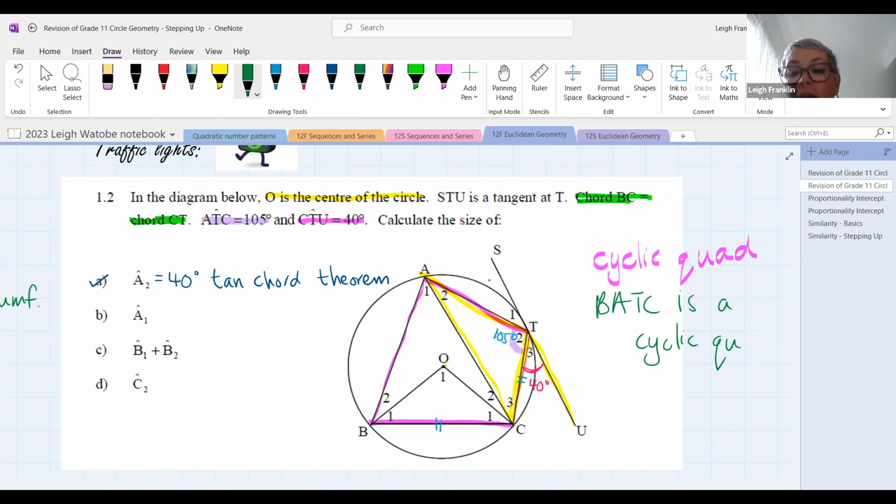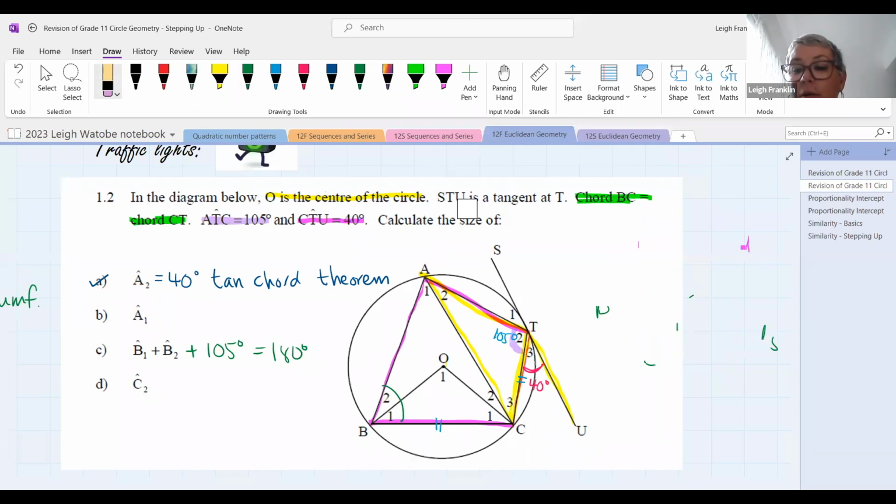And as far as cyclic quads are concerned, we know that the opposite angles add up to 180 degrees. So if I add B1 and B2 together and I add 105, I will get 180, right? And the reason for that is because it is the opposite angles of a cyclic quad. So let me just do that bit over here.